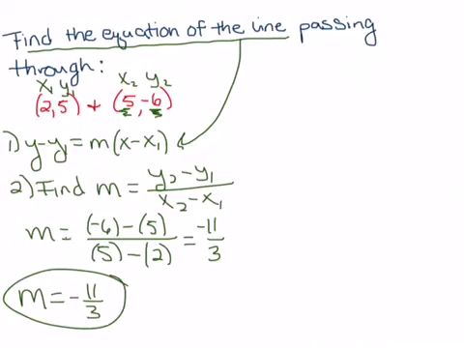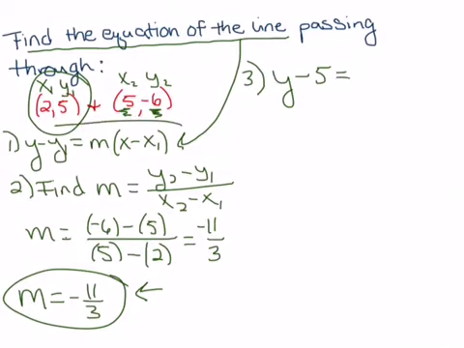Okay, now third step. We're going to plug in our slope of negative 11 thirds and one of our ordered pairs, either (2, 5) or (5, -6), into our point-slope equation. So that could look like one of two things. If we decide to use (2, 5) for our x1, y1, it'll look like this. y minus y1 is 5 equals m.